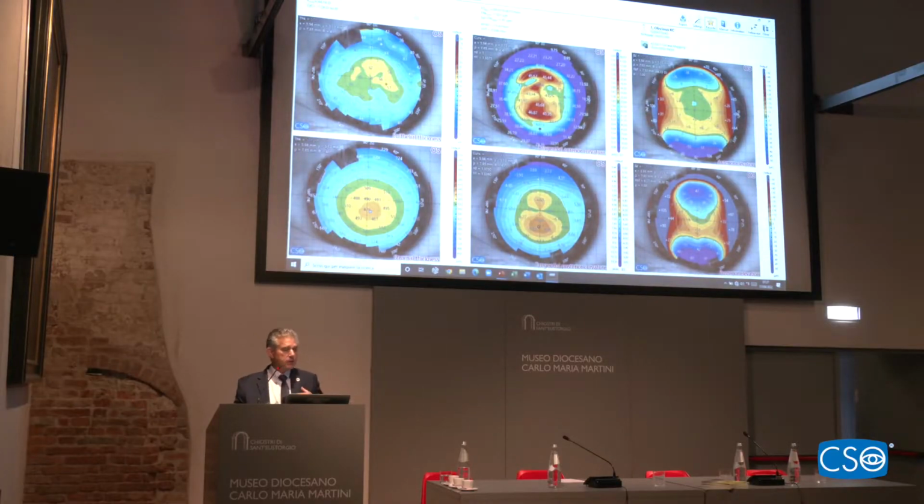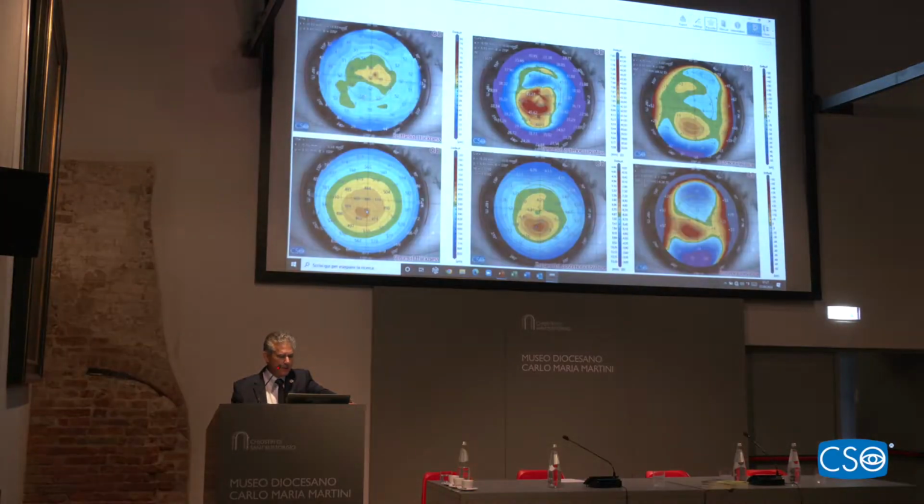So in this case, it's a virgin eye, and we want to do refractive surgery on this eye, so we're screening for keratoconus, right? And if you look at this map, you can say, well, okay, maybe something is not right. Well, let's look at the other eye, the right eye.